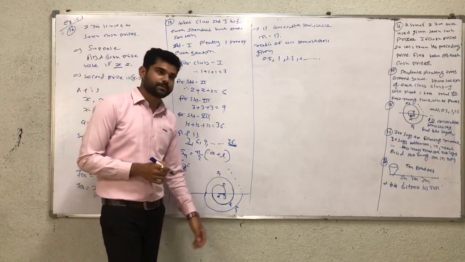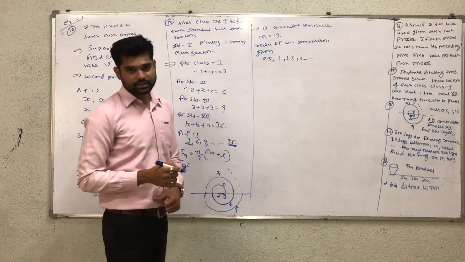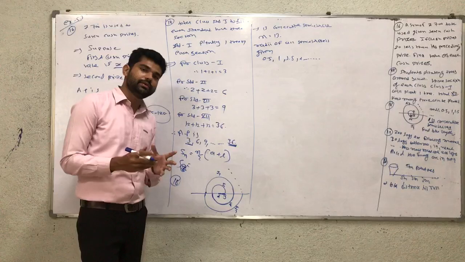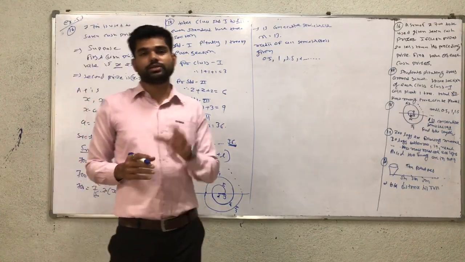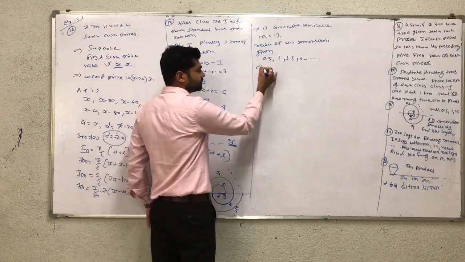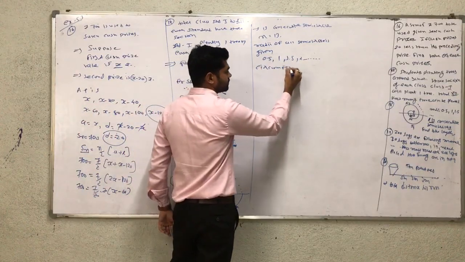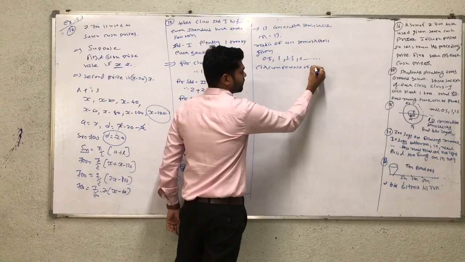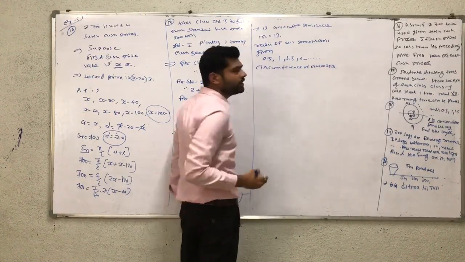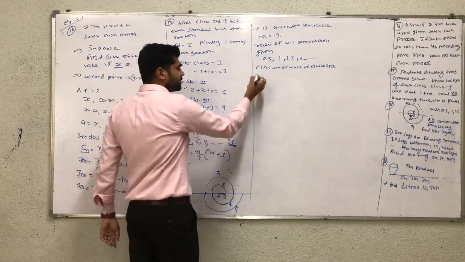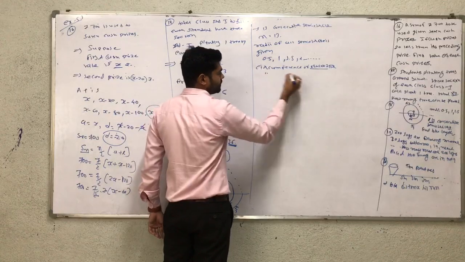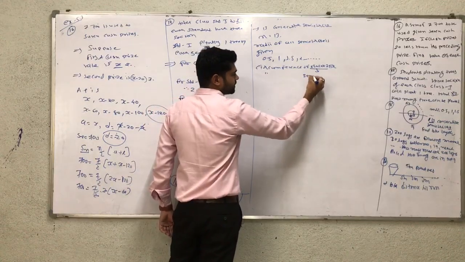Total length means the semicircle length, known as the semiperimeter, and the perimeter of a circle is known as the circumference of the circle. The circumference of a circle is equal to 2 pi r. But here it is not a circle, it is a semicircle.